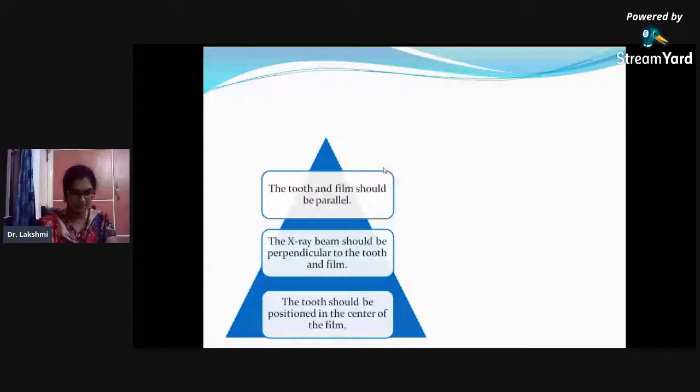The X-ray beam should be perpendicular to the tooth. In this diagram, this is the film and this is the object, the tooth.